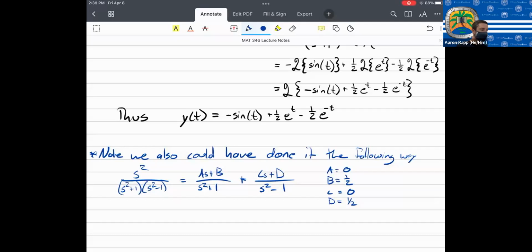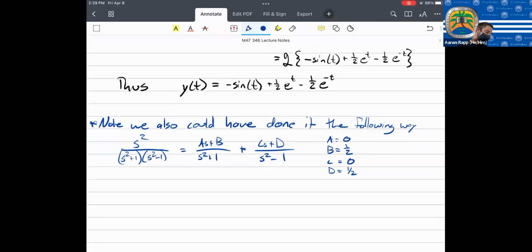Yeah. So then this means what I'm looking at is 1/2 over S squared plus 1 plus, initial conditions might matter.